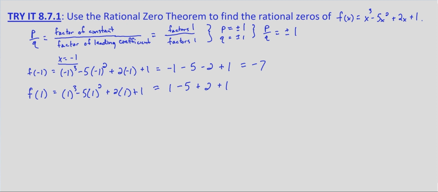So that ends up equaling 1 minus 5 is negative 4, plus 2 is negative 2, plus 1 equals negative 1.